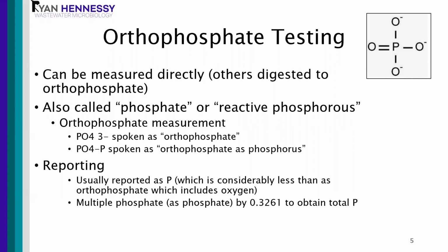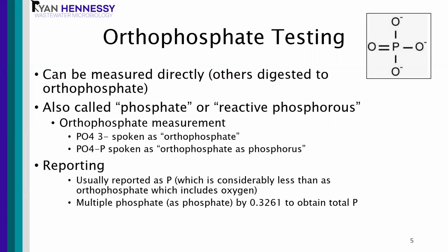So you can report reactive phosphorus as PO4-3, which would be reactive phosphate or orthophosphate, and that's going to be considerably higher than your actual phosphorus as P. So you can convert that phosphate to phosphorus as P by multiplying the phosphate by 0.3261 as a conversion factor.